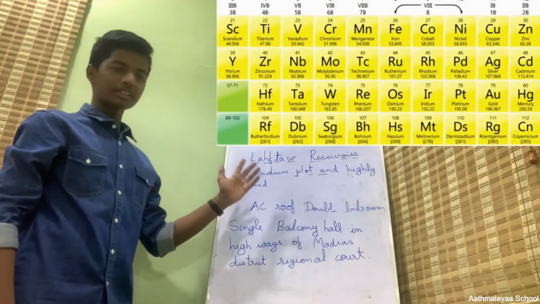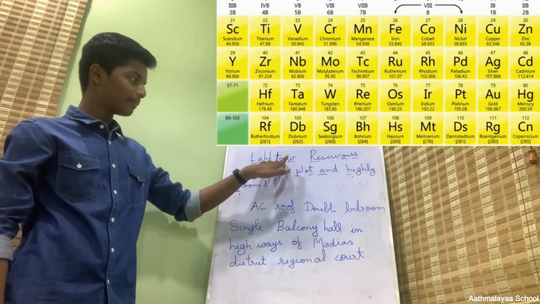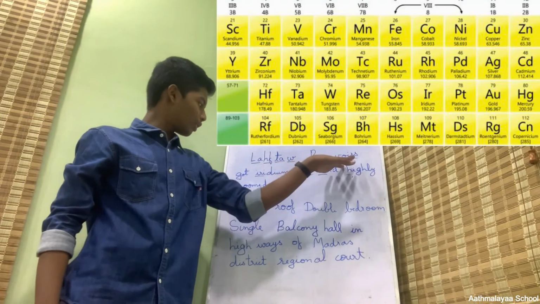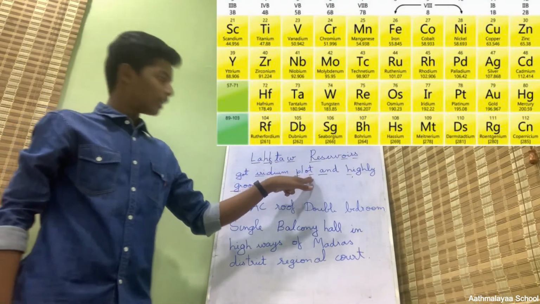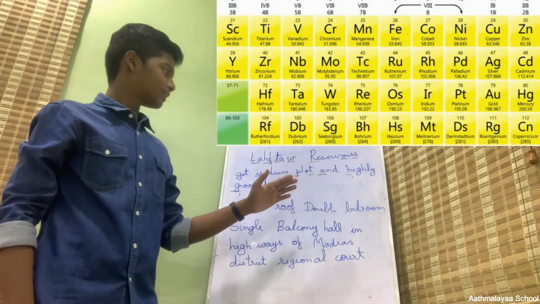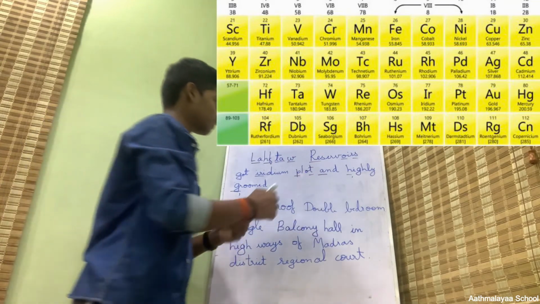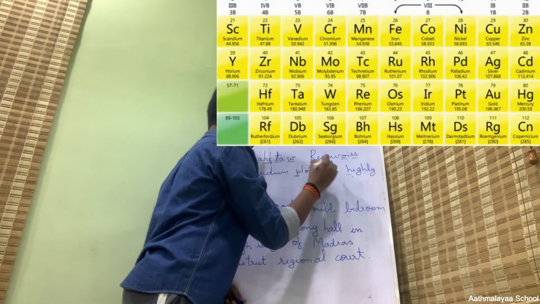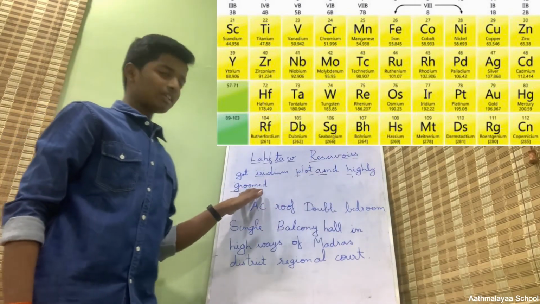The elements present are lanthanum, hafnium, tantalum, tungsten, rhenium, osmium, iridium, platinum and gold. For gold it is denoted as Au, but here it is An, so we can change it to Au. Next, Hg. It is mercury.